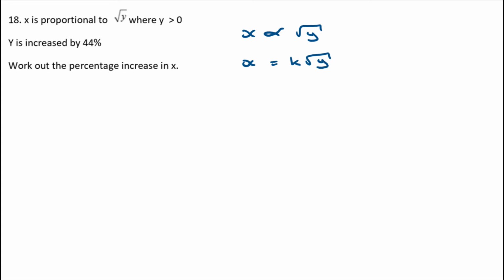Now if I increase y by 44%, I've got 100% to start with. So if I add on 44%, that's 144%, which as a multiplier is 1.44. So what I'd be doing is taking my value of y and increasing it by a factor of 1.44.